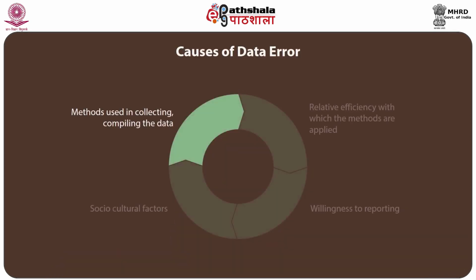So let us look at the possibilities of errors in the data. First, data errors can happen when we are collecting information or compiling data. So the methods used in collecting and compiling data are very critical in reducing this data problem.